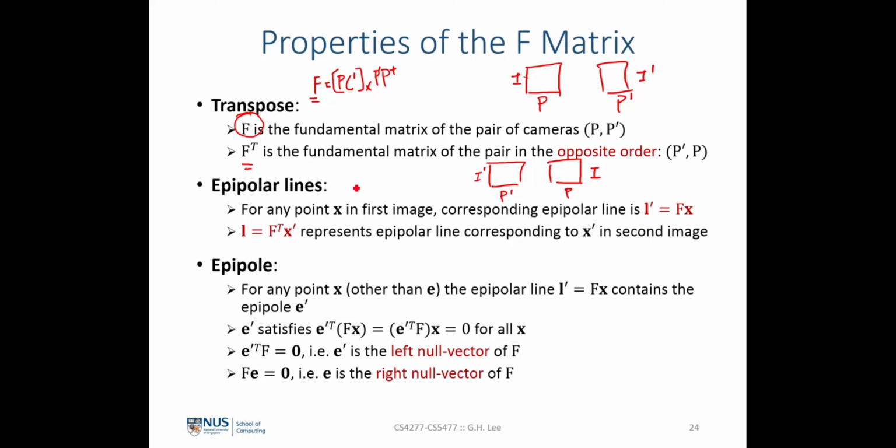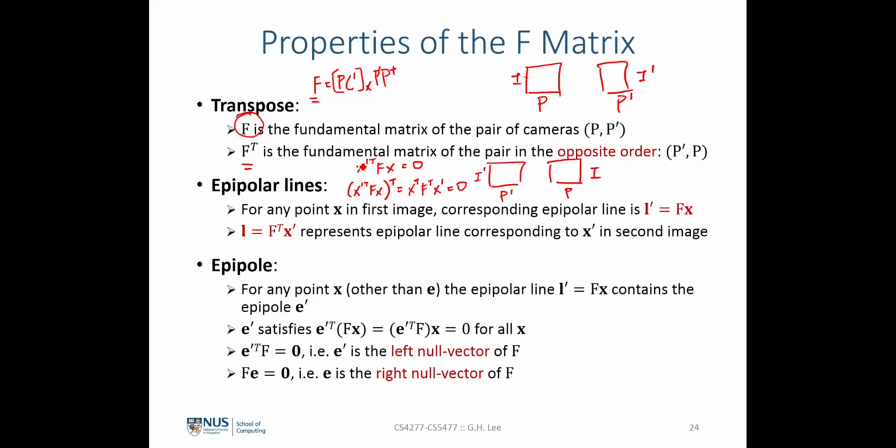We can see this very clearly from the correspondence equation. We saw that X prime transpose F X equals 0. This relation will also hold if we take X prime transpose F X and transpose the whole thing. So this becomes X transpose F transpose X prime equals 0, where we can see that this is simply a swap of the order.